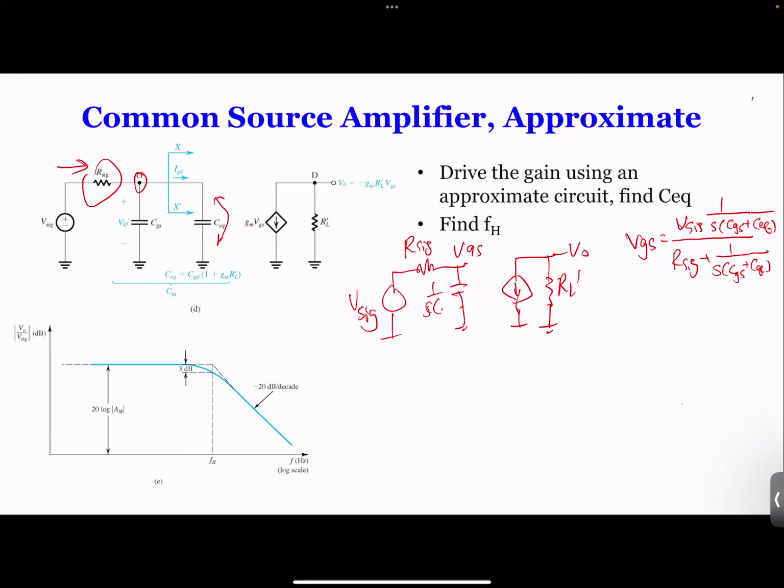Sorry for the previous mistake, because this is a voltage divider. So voltage divider means the actual capacitor is the voltage we need, and divided by the total impedance, and then times VSIG.